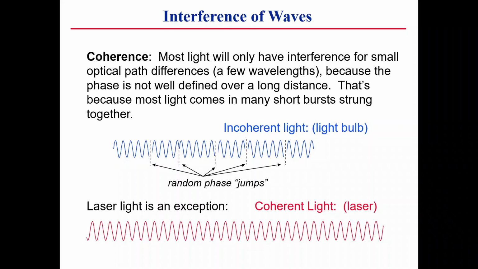That gives us the ability to get this nice pure version. So we don't tend to use an incandescent style light bulb when we're studying interference. We prefer laser light that gives us one wavelength that exists the whole time.